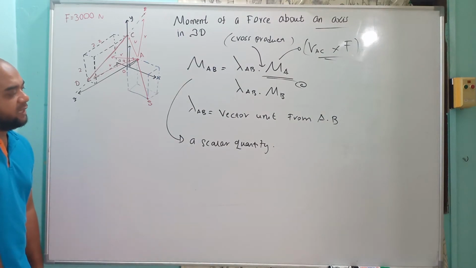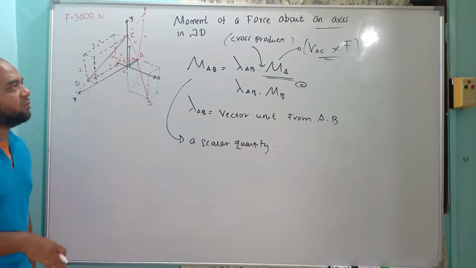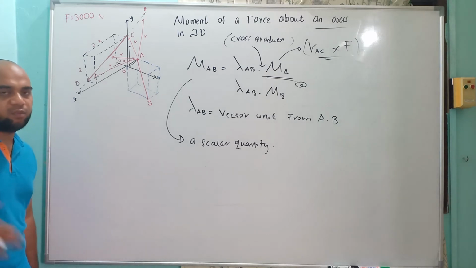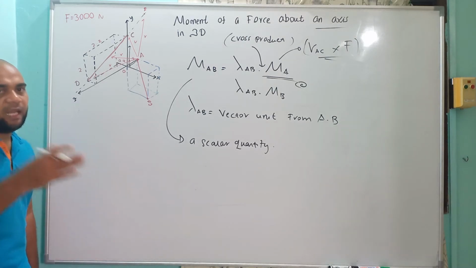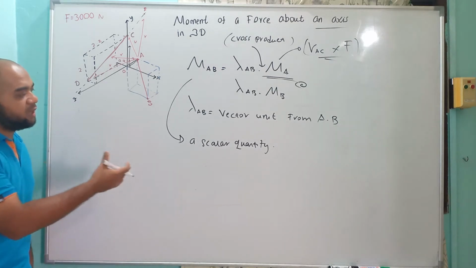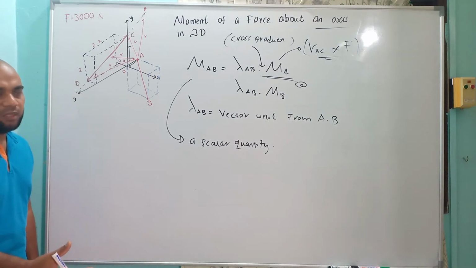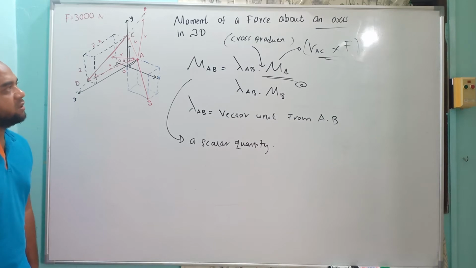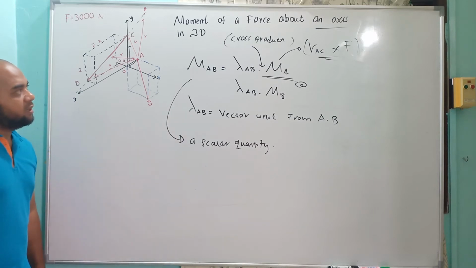Meaning that the final answer is only a number. It will not have any direction. If you go back to the moment about a point, the final answer is in terms of I, J, K, so we still have the magnitude and the direction. But for this one, we only have the magnitude, only the scalar quantity.